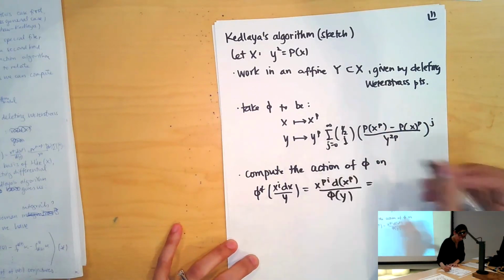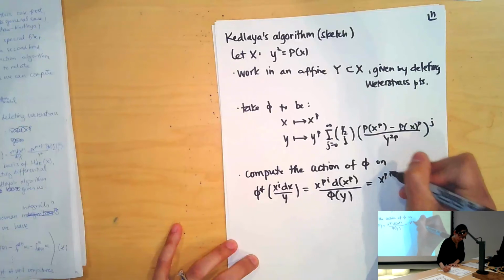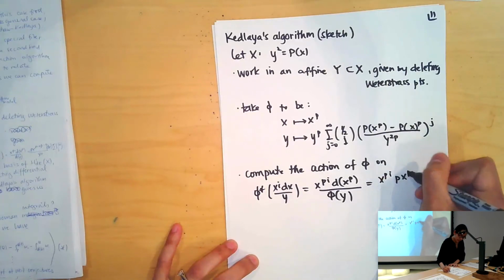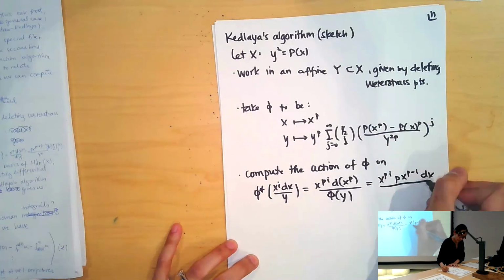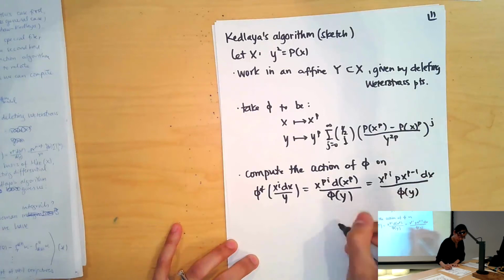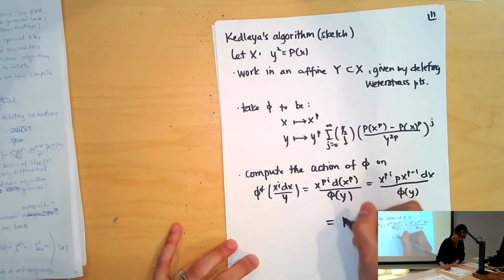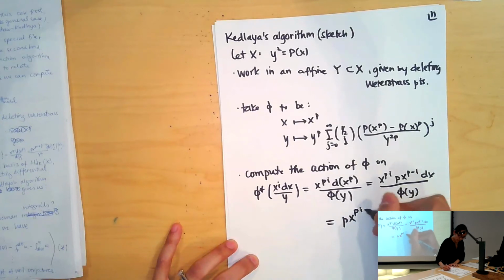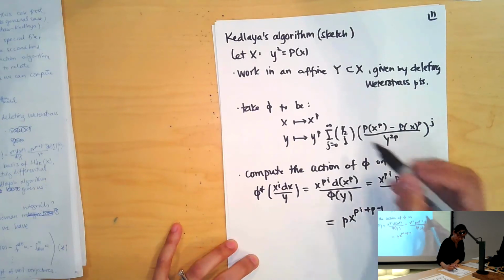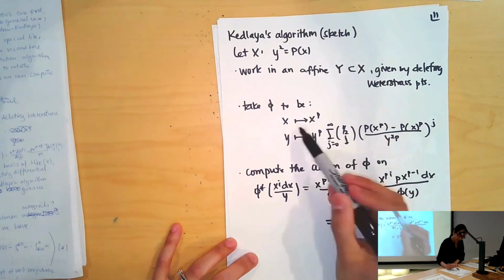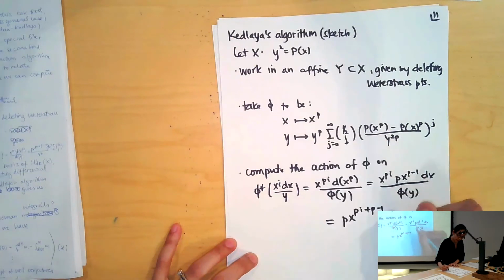So let's just simplify the numerator. So x to the pi, and then p x to the p minus 1 dx. All right, so this is something like p x to the pi plus p minus 1. And then now we've inverted where Frobenius sent y to.